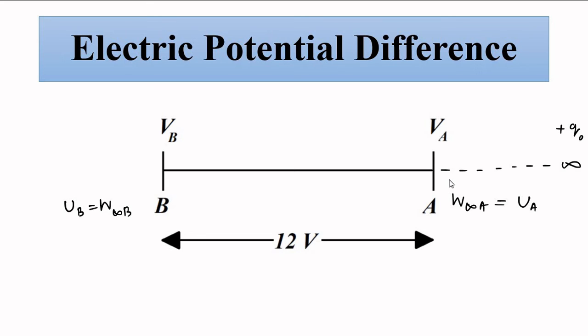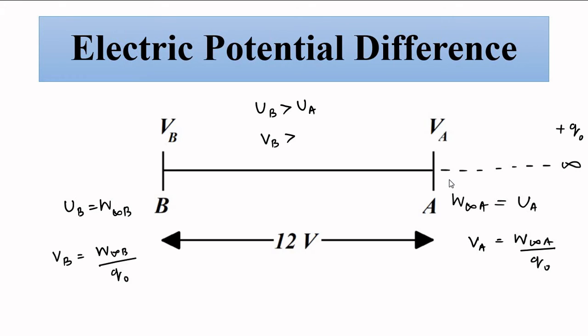Now VB is simply W phi B by Q0 and VA is W phi A by Q0. Now UB is greater than UA, so obviously VB will be greater than VA.